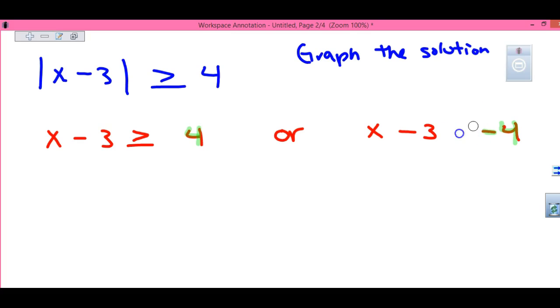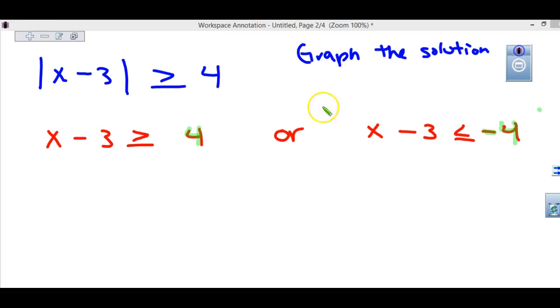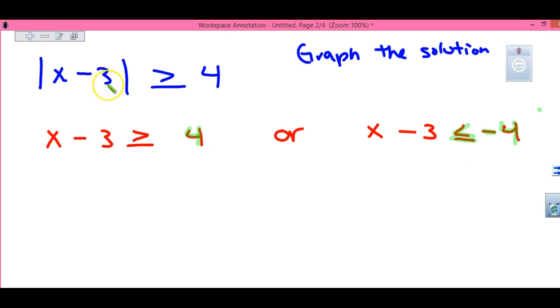Now, what did we do wrong here? Well, when we're working with a negative 4, we have to flip the sign, just like we did when we were multiplying and dividing by a negative. So what's the other thing that changed? The sign. So to start off, we keep one exactly the same and the other one, we flip the sign and change it to the opposite.